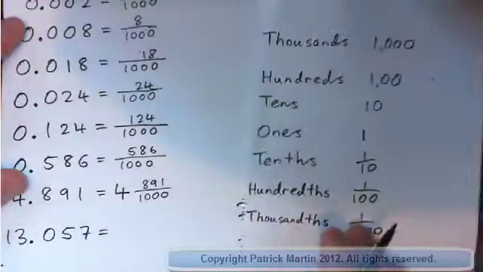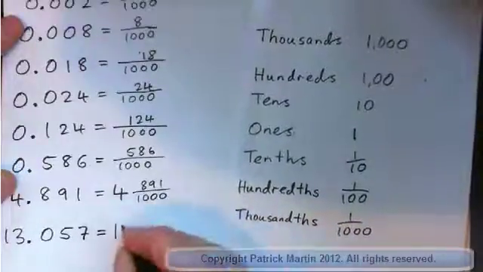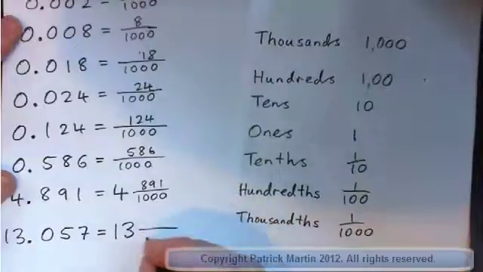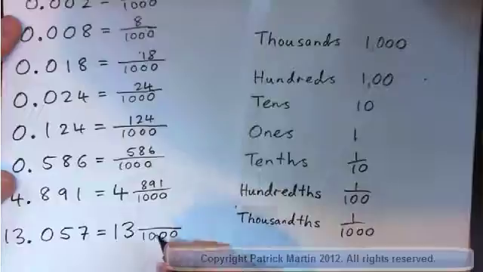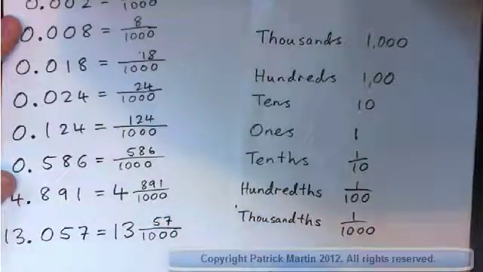All by yourself, write it down and read it. Okay, now I'll do it. It's 13 wholes, and I've got 3 digits, 1, 2, 3, past the decimal point, so that has to be thousandths, and that's just 57. So to read this number, it is 13 and 57 thousandths.